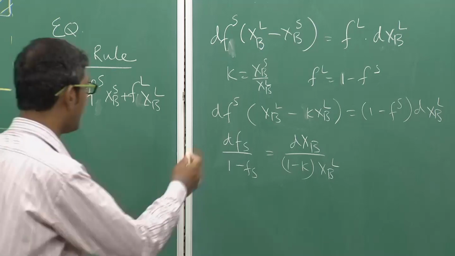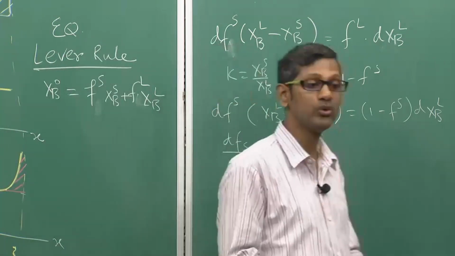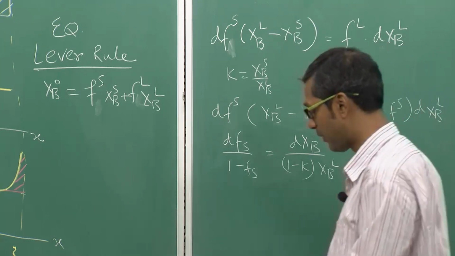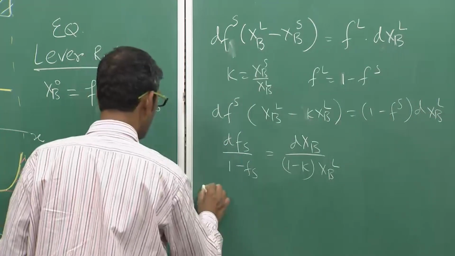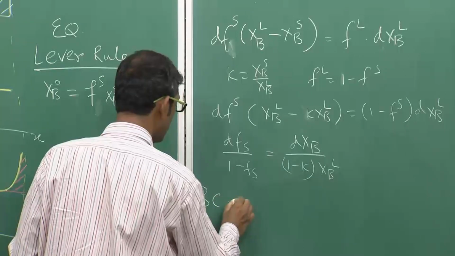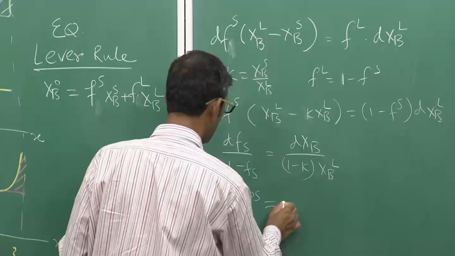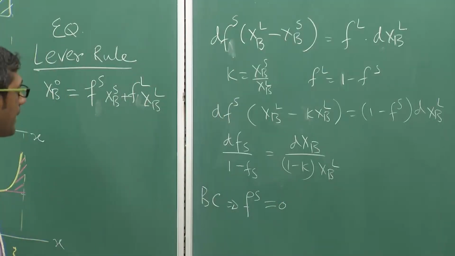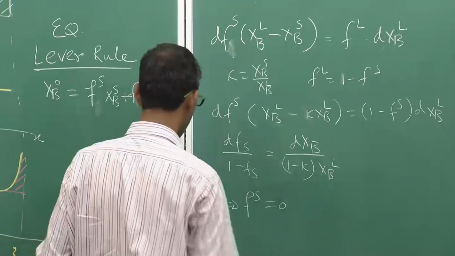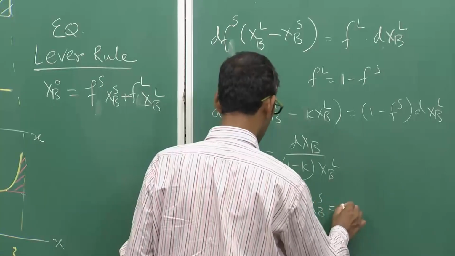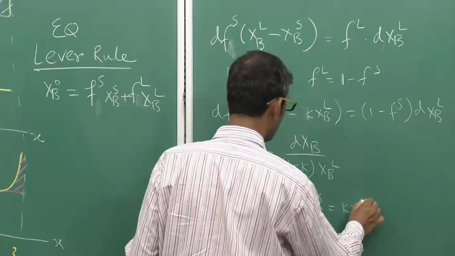If I integrate that, I will not do it in full, you should do it yourself. I will simply write down the boundary condition. The boundary condition here is that when fs equals 0, that means when there is no solid, xps is equal to k xp0.